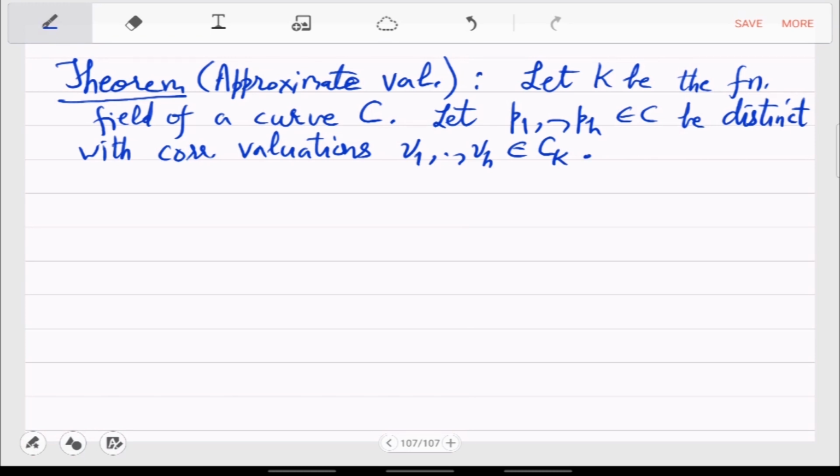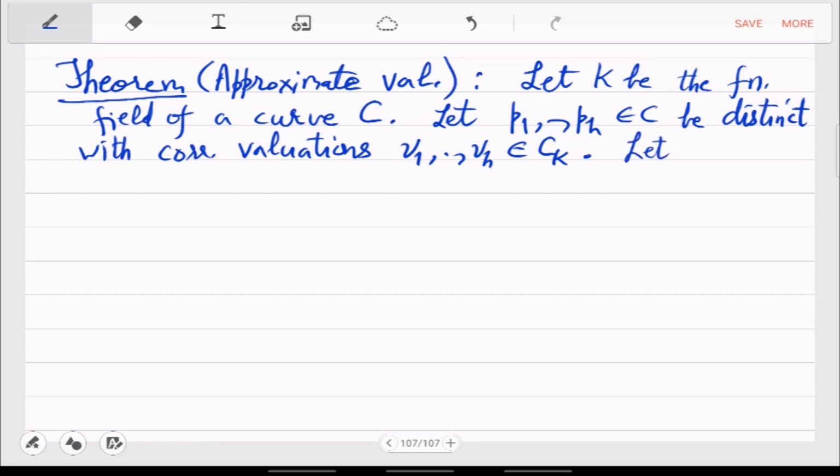Remember that the field could be algebraically closed, so the number of points is infinite. But in this hypothesis, we only care about finitely many points, h many points. So let's call them P1 to Ph, and the valuations they define are v1 to vh in the abstract curve. The abstract curve has all the valuations.